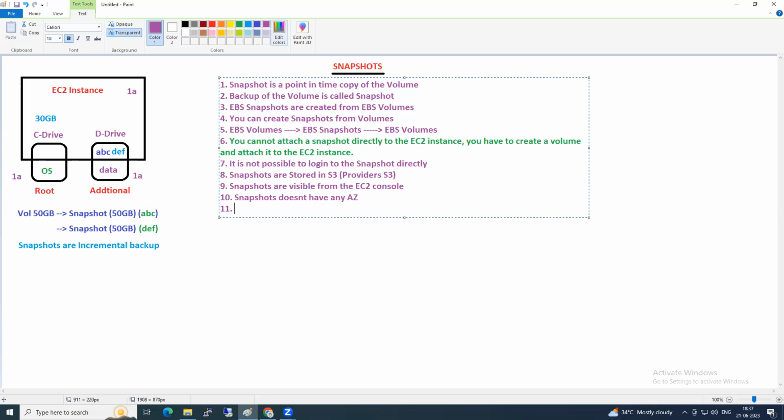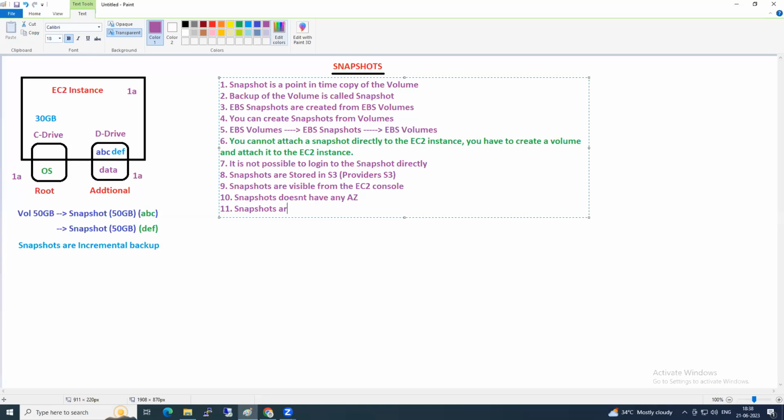Global. Is EC2 regional or global? If EC2 is regional, whatever we discuss inside EC2 is regional or global? Then snapshots are, volumes are, everything is regional.